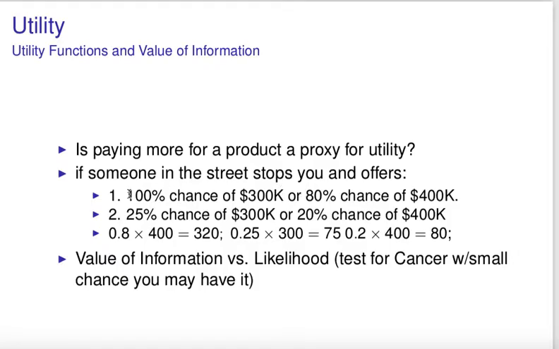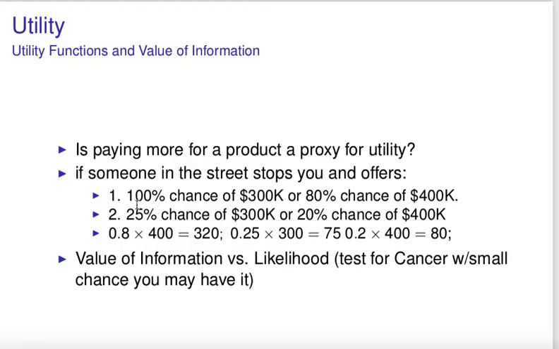Probably go with this. Although the expected value of this is more, you can see it here. The expected value of picking the second choice might give you more money. However, probably most people will pick this one because $300,000 is a lot of money, and this is a 100% chance.